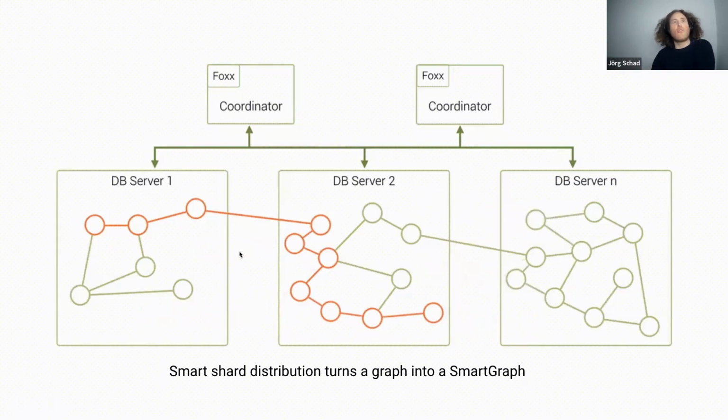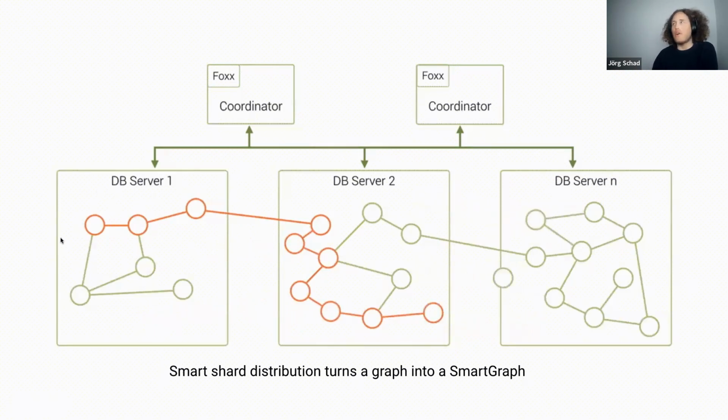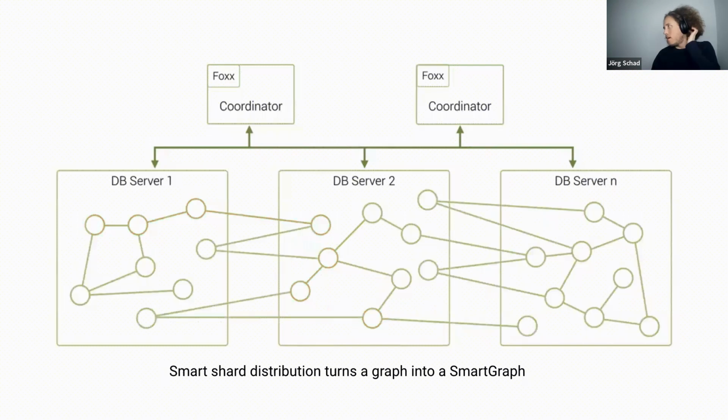This is especially true for one flavor, which we will see in a second, disjoint smart graphs, where we know that our overall graph actually consists of multiple disjoint subgraphs. Imagine, for example, large IoT use cases, where people are capturing all the different network devices.